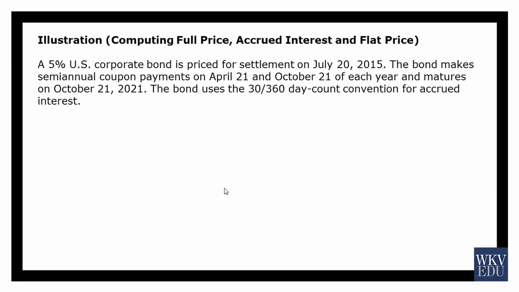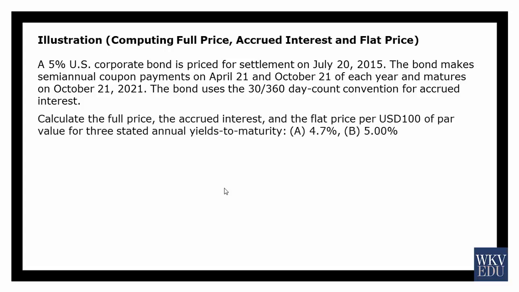A 5% US corporate bond is priced for settlement on July 20th, 2015. The bond makes semi-annual coupon payments on April 21st and October 21st each year, and the bond matures after 6 years on October 21st, 2021. The bond uses a 30/360 day convention, as it is a corporate bond.